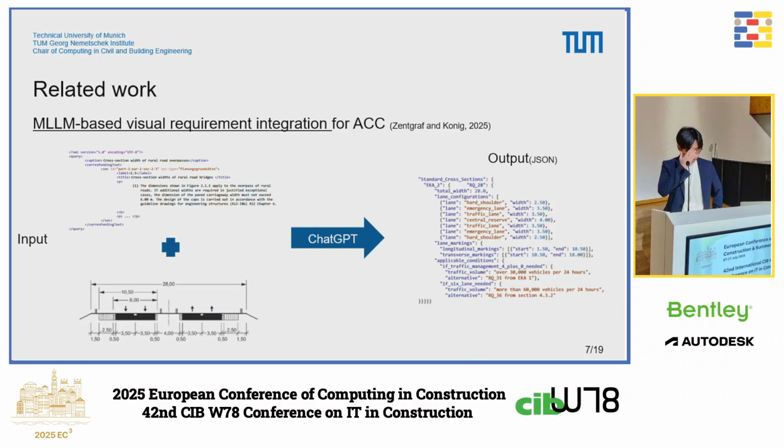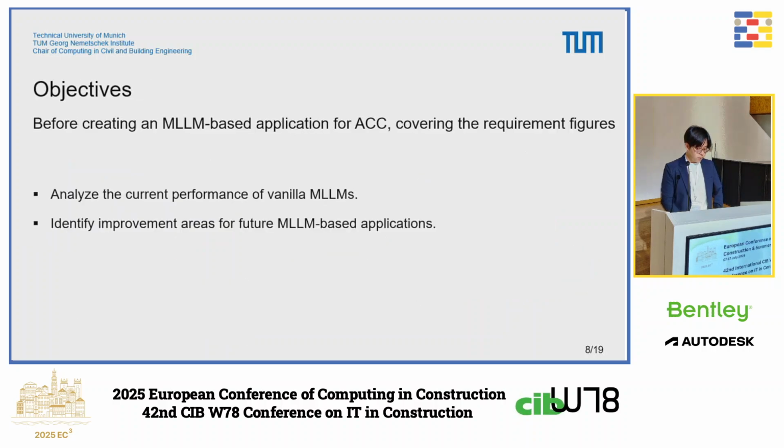However, to date, there has been no quantitative evaluation of how well these models actually perform in rule derivation tasks. Therefore, the goal of this research is to evaluate the current performance and limitations of vanilla multimodal large language models in deriving rules from figures, to identify improvement areas for future development of our research.